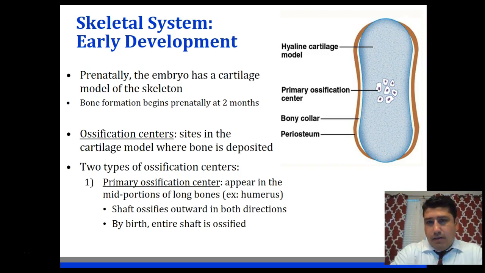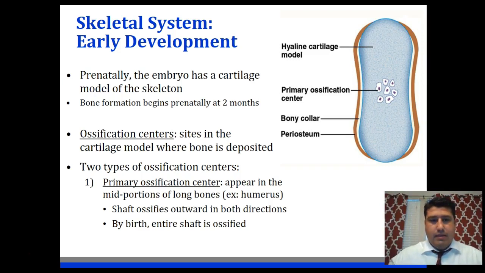At first, all cells are very general in nature, but every cell has particular DNA, and eventually the genetic material tells particular cells, okay, you're going to differentiate into skeletal cells, or muscular cells, or cardiac cells, or nervous cells, or whatever the final destination will be.